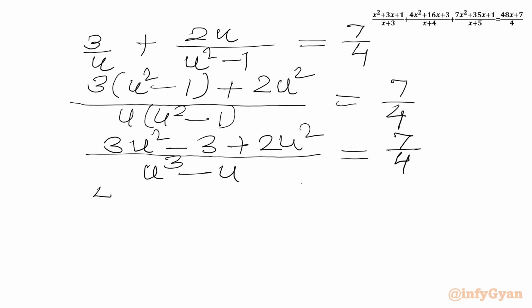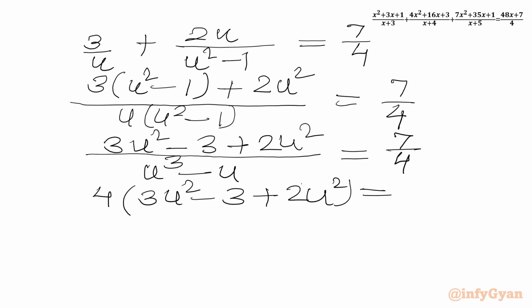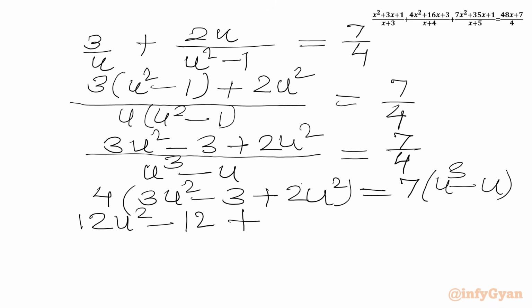So we can write 4 times 3u square minus 4 times 3 plus 2u square. This will be equal to 7 times u cube minus u. Or we can write 12u square minus 12 plus 8u square equal to 7u cube minus 7u.